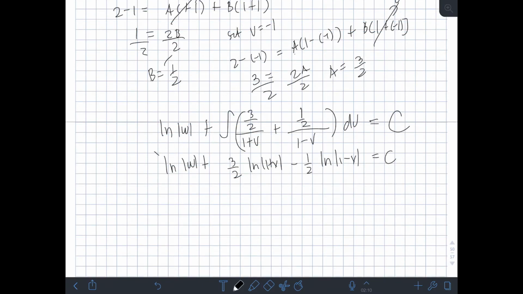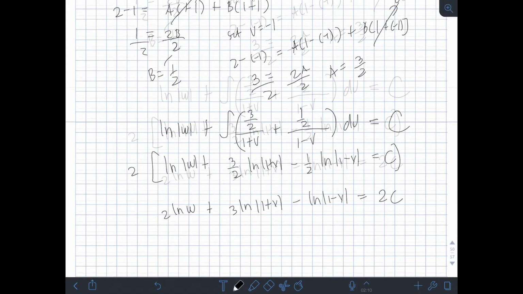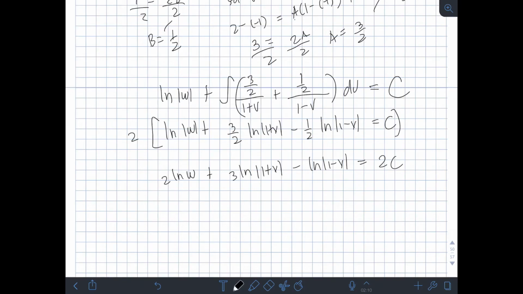So, para walang denominator, multiply natin both sides by 2. So, magiging 2 ln W plus 3 ln 1 plus V minus ln 1 minus V equals 2C. So, combine na lang natin as one natural logarithm expression. So, gawin natin ln W square, power rule for logarithms, right?